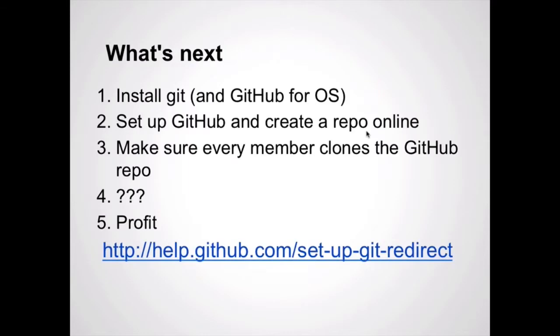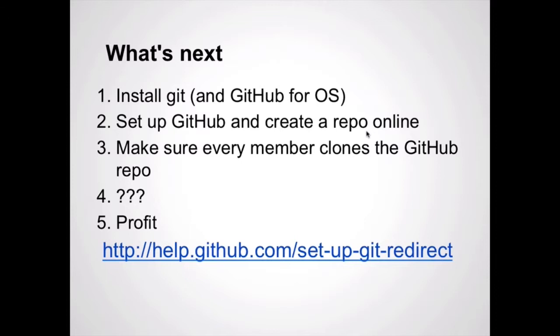Now, in the context of your projects, we want you to follow these steps. You may ignore step 4 or 5 if you like to. But anyway, install Git on your machine. Set up GitHub, which means a GitHub user, and create a repository.